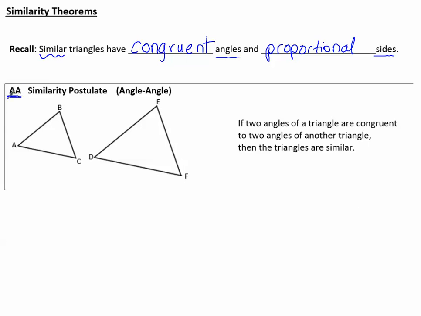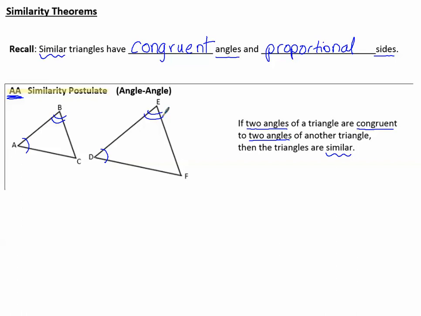The AA similarity postulate, also known as angle-angle. This postulate tells us that if 2 angles of a triangle are congruent to 2 angles of another triangle, then the triangles are similar. For example, in these 2 triangles, if angle A is congruent to angle D and angle B is congruent to angle E, that is enough information.